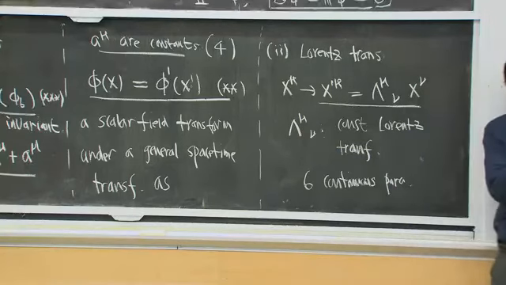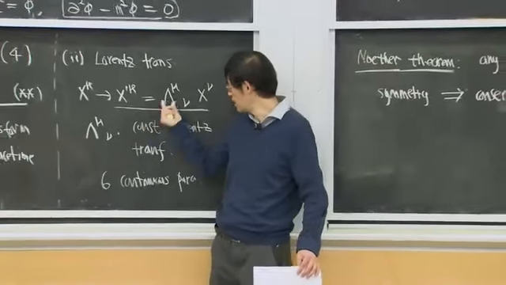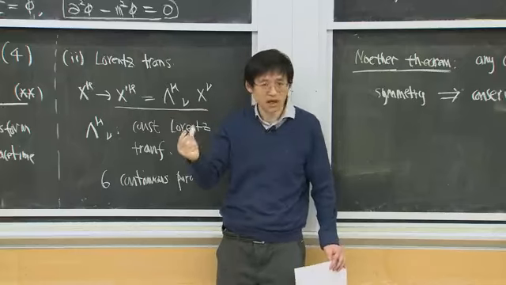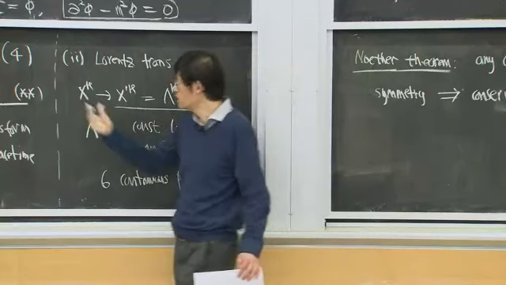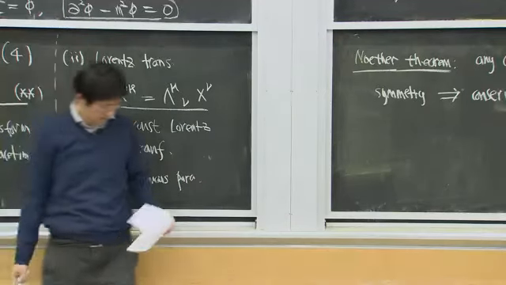Then you can imagine slightly turning on an infinitesimal rotation or infinitesimal boost, which corresponds to a so-called infinitesimal transformation. Here you can also translate A mu a little bit, very close to the identity.